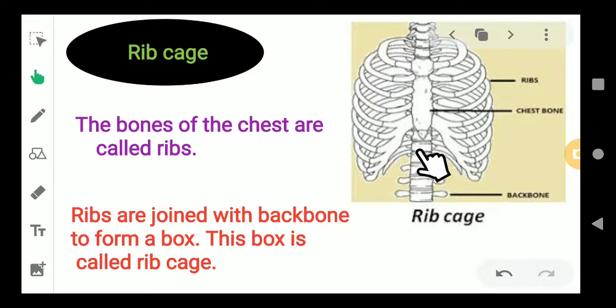This is the chest bone, and on the back side, there is the backbone. These ribs connect both the chest bone and the backbone.